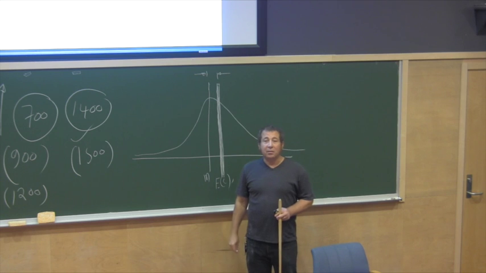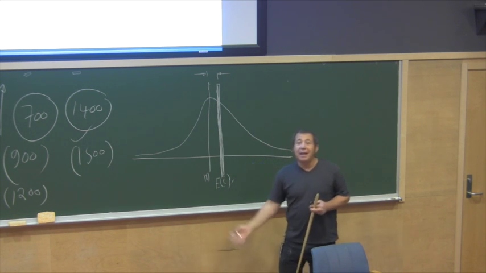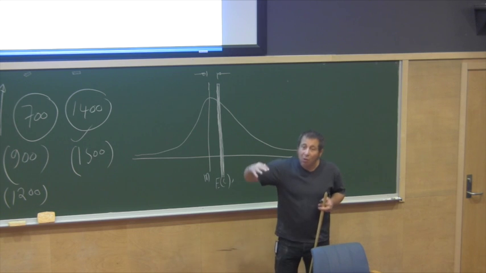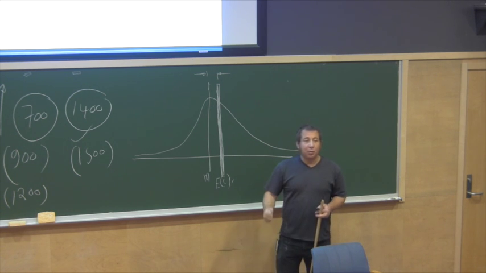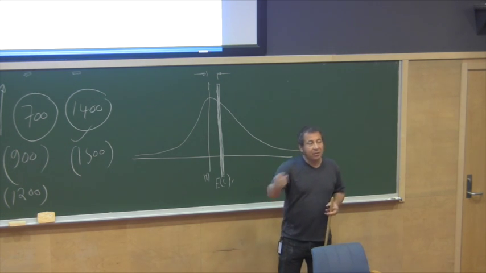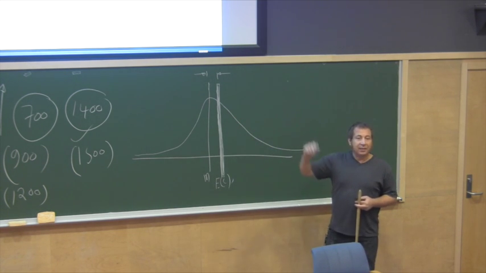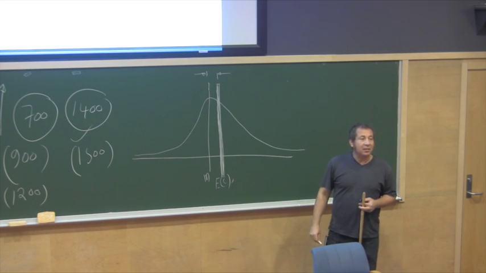But then some people ask, how much money should we add on top of that so that we become even more certain that the project will deliver within this cost. Then we use the variance or standard deviation.